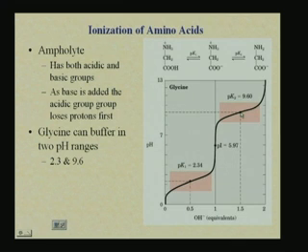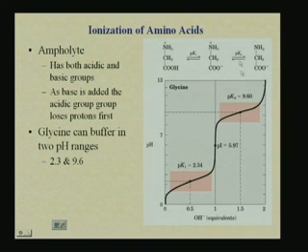The pK2 will correspond to a pH where I have equal amounts of this species and this species. Is that clear? So, now if I keep on adding OH minus, I will just be increasing the pH because I now have just OH minus in solution and this. Is that clear? So, this would be the titration of glycine.